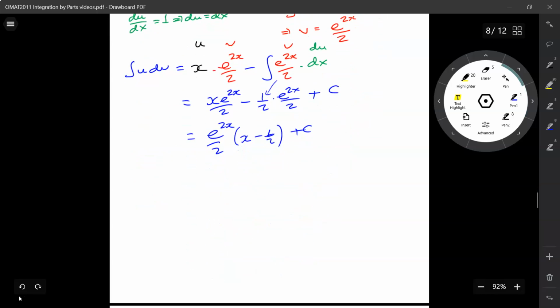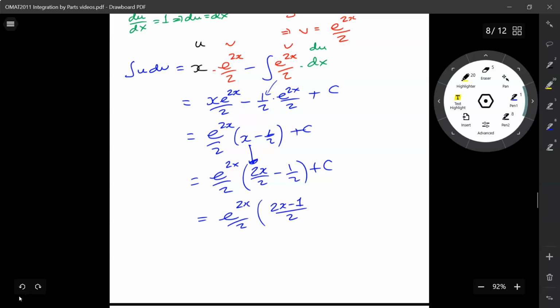And as before, if we don't want to deal with a half there, we can say that's exponential 2x over 2 times 2x over 2 minus 1 over 2 plus a constant of integration, so we multiply above and below by 2. We now have a common denominator, so we can write that as 2x minus 1 over 2 plus a constant of integration.